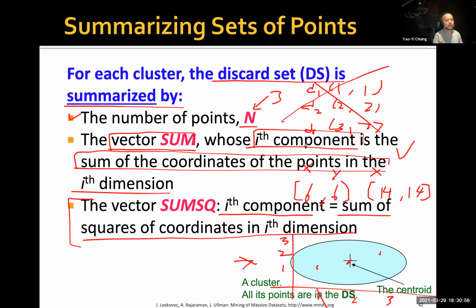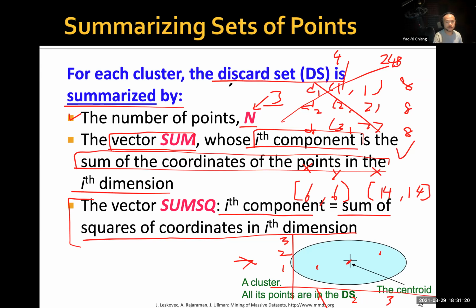Okay, so think about this. If each coordinate is 4 byte, this is 8 byte, 8 byte, 8 byte. Originally, you need how many bytes to store the 3 data points? 24 bytes. And now you have n equal to 3.